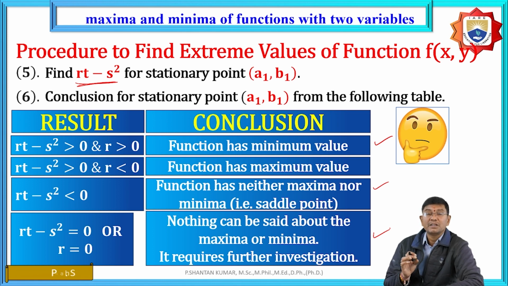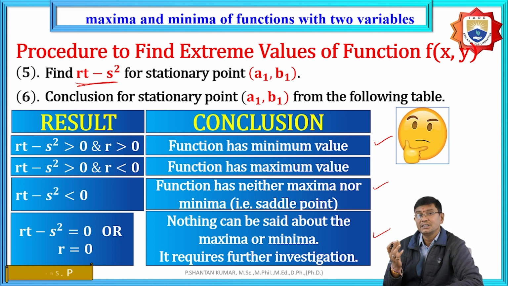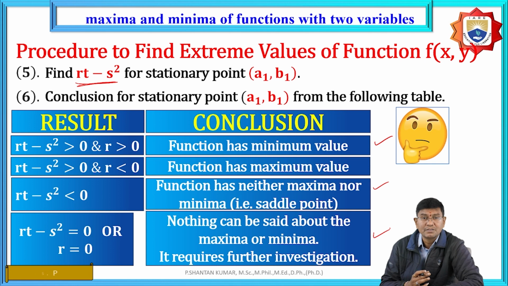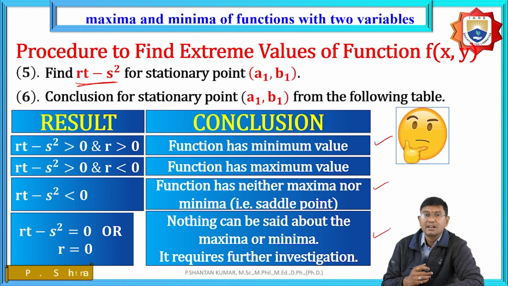If rt minus s square is greater than 0 and r is greater than 0, the function has a minimum. If rt minus s square is greater than 0 and r is less than 0, the function has a maximum. If rt minus s square is less than 0, the function has a saddle point. And if rt minus s square is equal to 0, further investigation is required. These are the major working rules for finding maxima and minima.